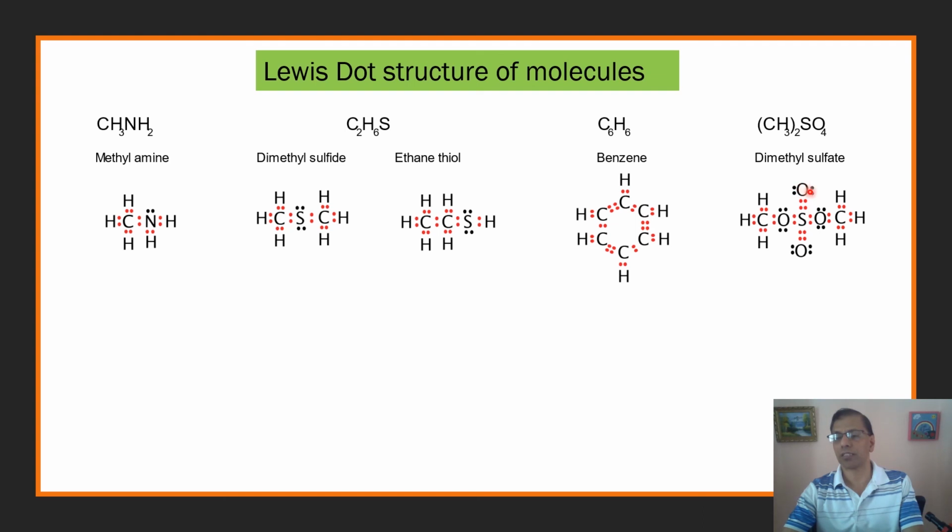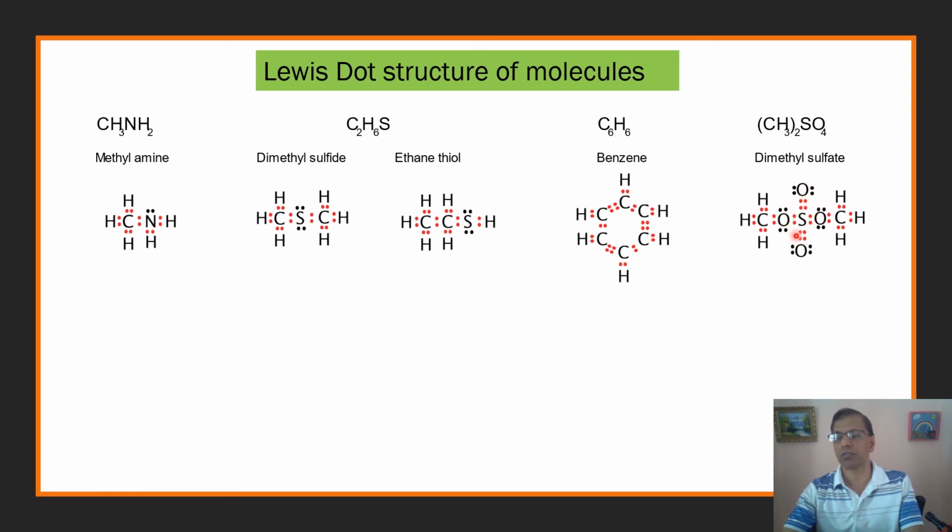So around sulfur you have 4 atoms, 4 oxygen atoms. And since sulfur can expand its valence shell, that's the reason it has more than 8 electrons around it. So it has 4 plus 4, 8, 10, 12. It has 12 electrons around it.